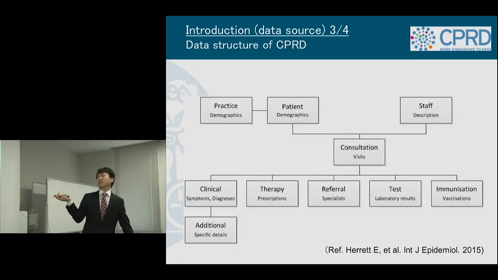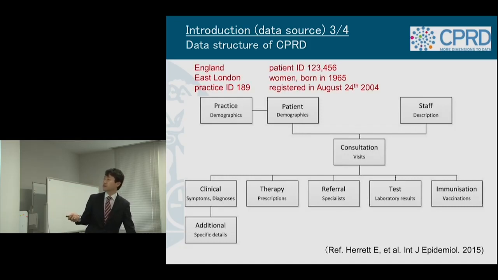And this is a kind of data structure of CPRD, which may be similar to the Japanese JMDC database. So for example, a woman born in 1965 registered on August 24th, 2004 in practice number 189 in East London of England.